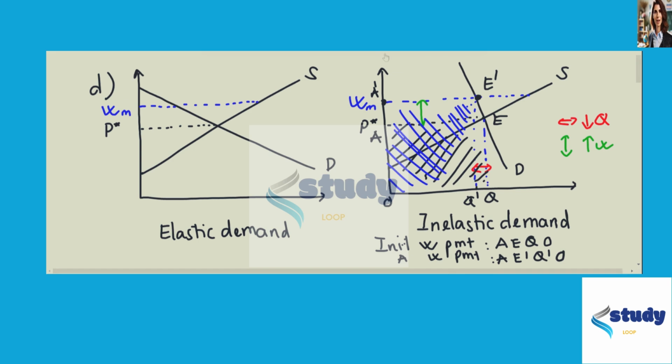We can show the same thing with the case of elastic demand. We are comparing this area, which is the after wage payment area, and this is the initial wage payment.